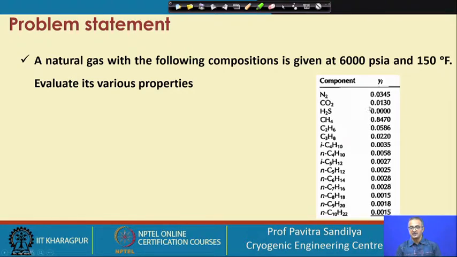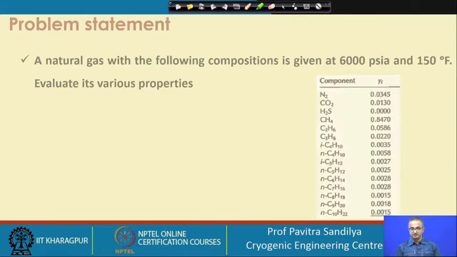Here we see that we have carbon dioxide about 1.3% and we do not have any hydrogen sulfide. That means this natural gas may be considered to be sweet natural gas.